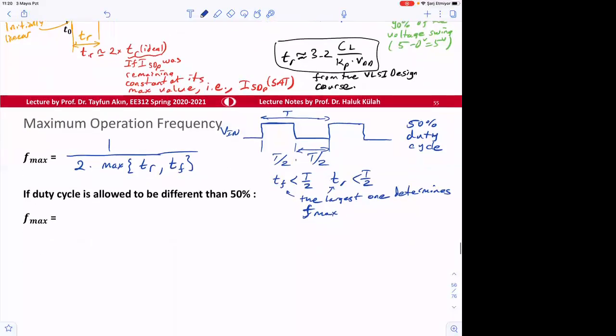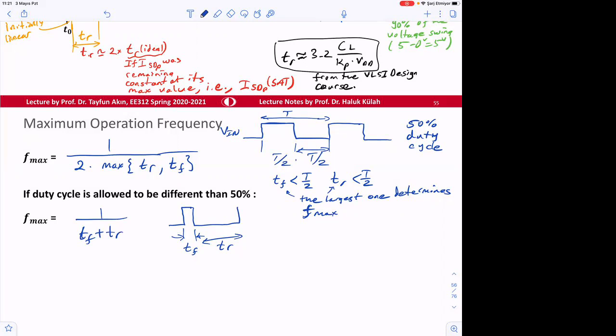And of course, if the duty cycle is allowed to be different than 50%, let's say one of them is small, the other one is large, whatever. And if this is T fall, and if this one is T rise, then Fmax is going to be equal to 1 over T fall plus T rise.